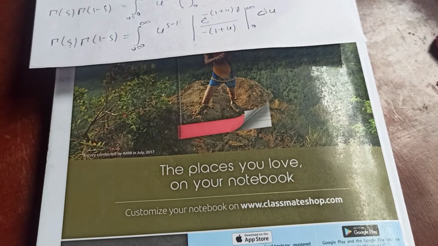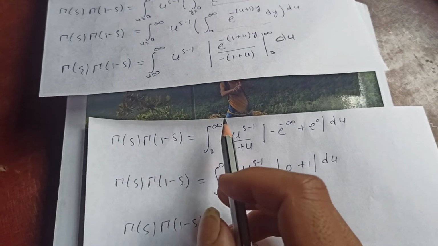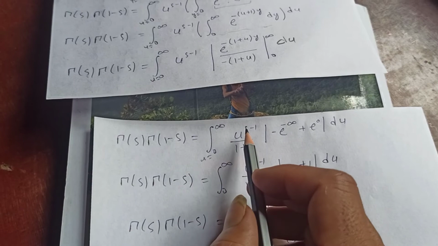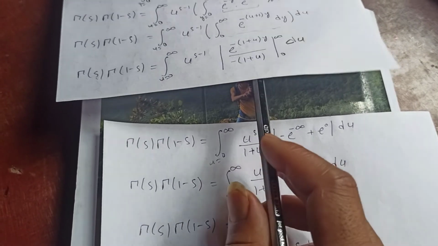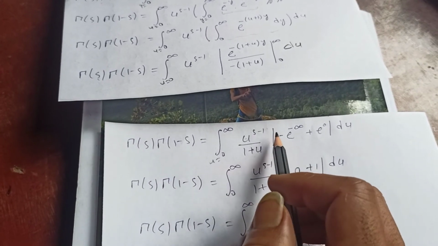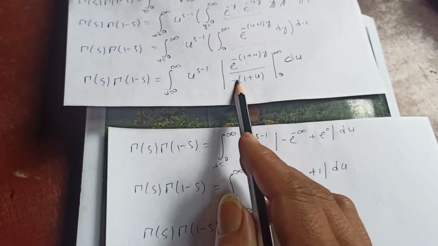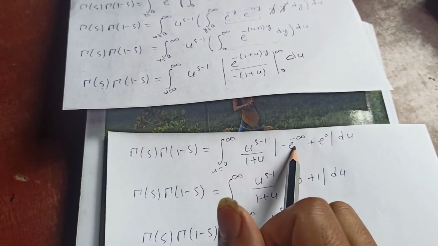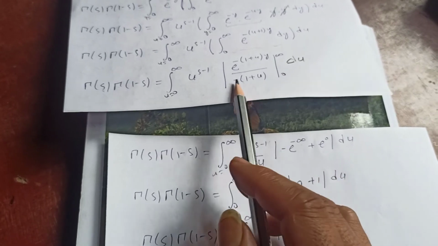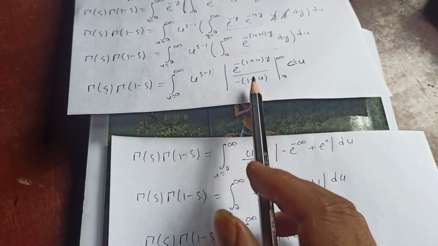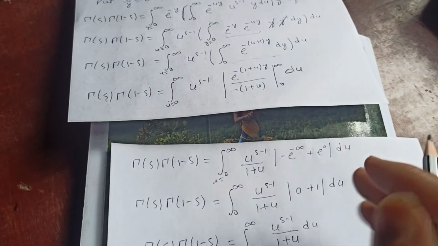Now continuing here. Gamma s times gamma 1 minus s is the integral for u from 0 to infinity of u to the s minus 1. Taking out 1 plus u, we have negative e to the negative 1 plus u times y. If you put y equal to infinity you get e to the negative infinity, minus, and this minus becomes plus, e to the 0 when you put y equal to 0, and du.